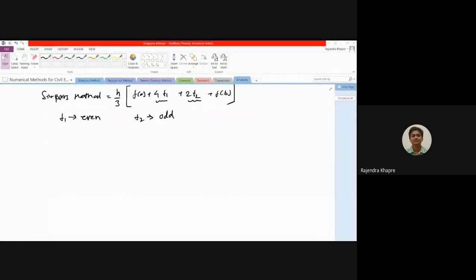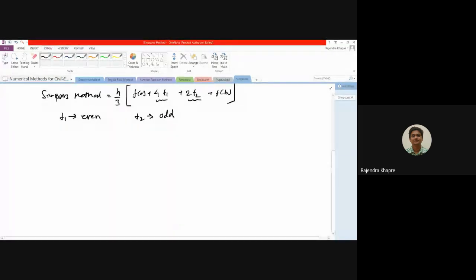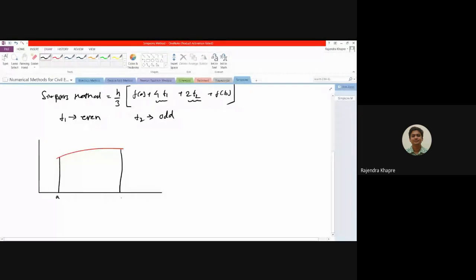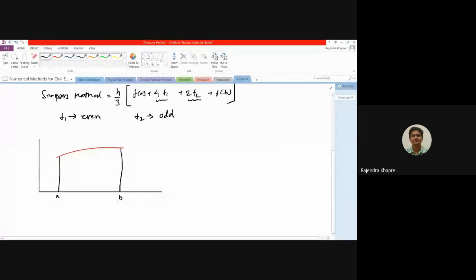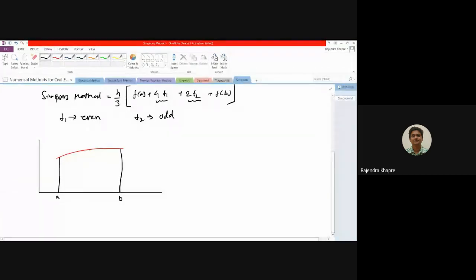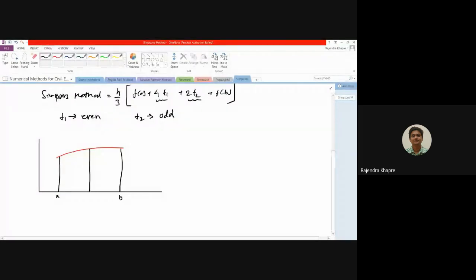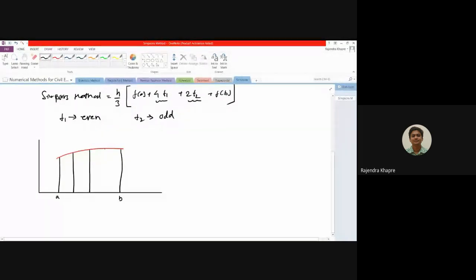If we have a curve which is something like this, and we are trying to interpolate the points between these two, let us say this is a and this is b. These are the limits. Now for example, if we divide this into n number of intervals, let us say I have divided this into this interval, then there is one more interval and one more interval.